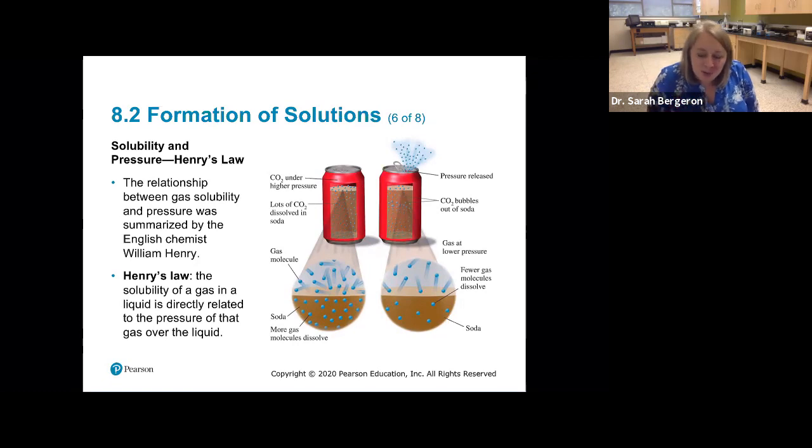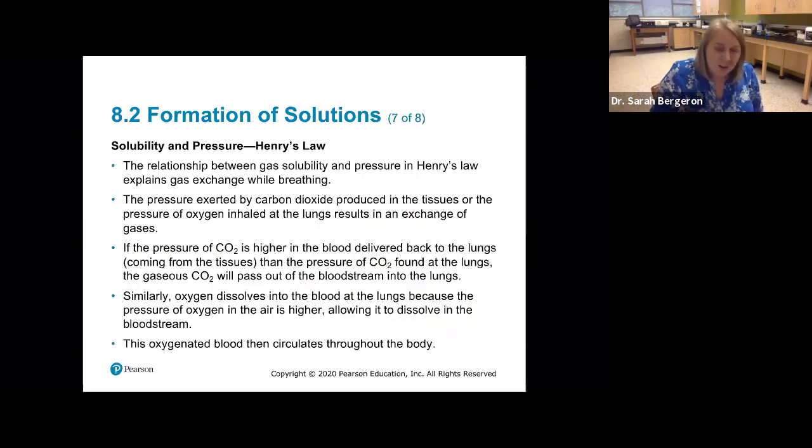Those are the gas molecules that were in the liquid that are now out in the gaseous form, and they are escaping from the can. The higher pressure you have, the more gas can be dissolved inside of the liquid. The lower pressure, the more the gas just escapes. This is Henry's law, telling us that the solubility of a gas is related to the pressure that the gas is under.